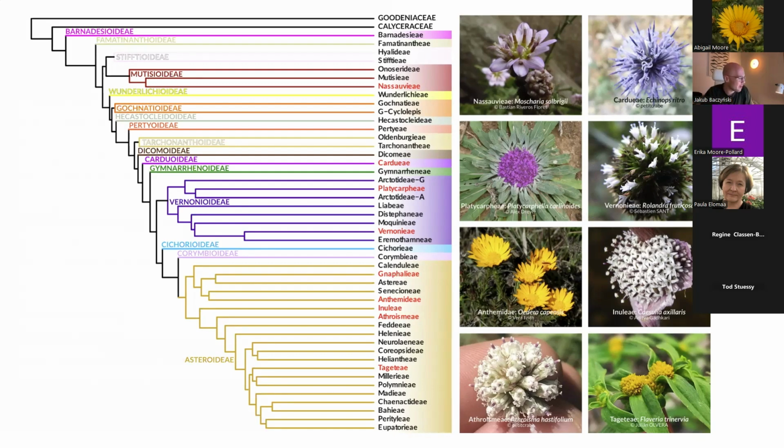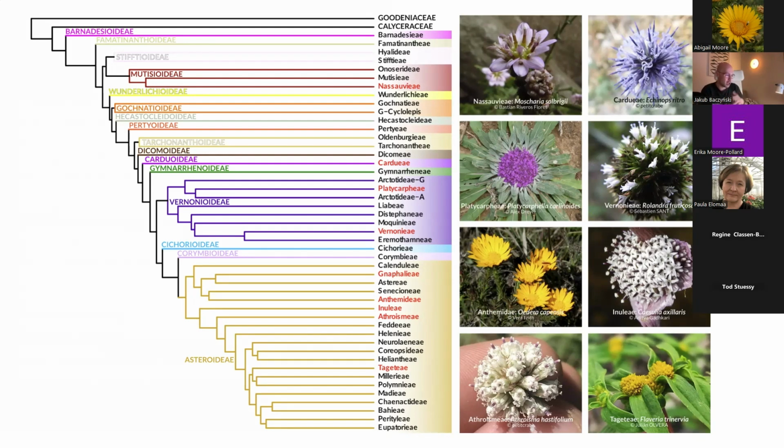But based on some preliminary data gathered by Jen Mandel's lab, they found that the structures that can be described as syncephalia evolved independently in at least 9 tribes of Compositae, and they are present in almost all major subfamilies, including Mutisioideae, so the subfamily that includes Gerbera, but generally some pretty early diverging Asteraceae.